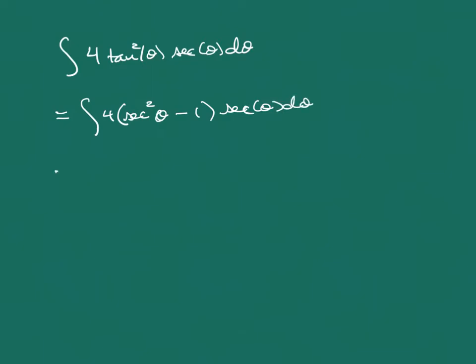If I distribute, I've got 4 times the integral of secant cubed of theta minus secant of theta d theta. And so now I have the expression in this form.